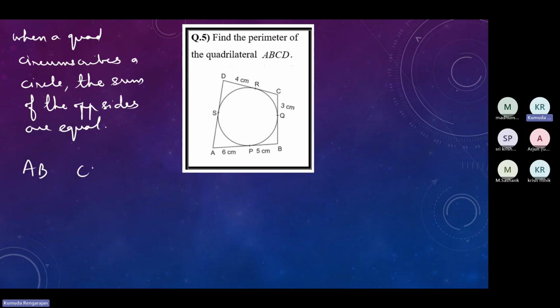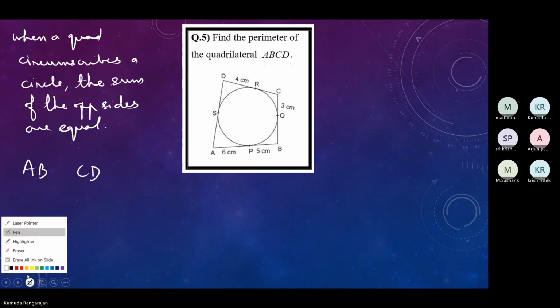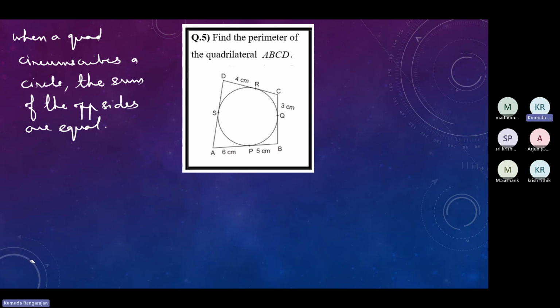AB, CD, one pair of opposite sides. Then BC, AD, another pair of opposite sides. So AB plus CD, BC plus AD, they are equal. The sum of the opposite sides are equal.